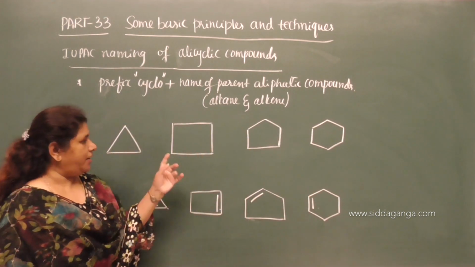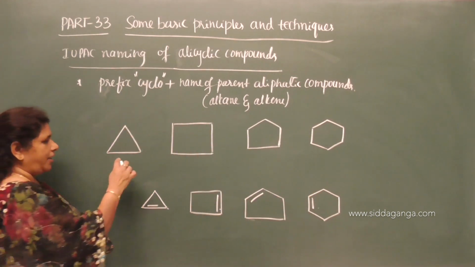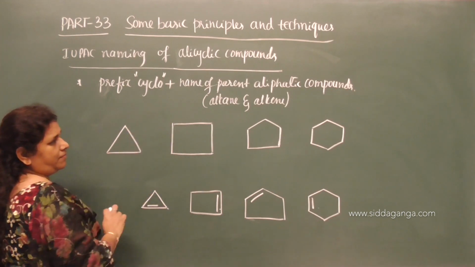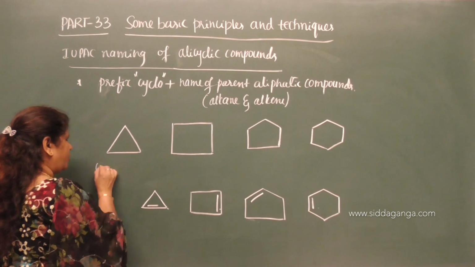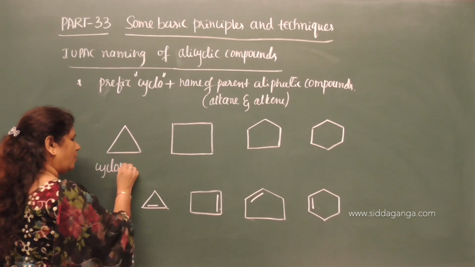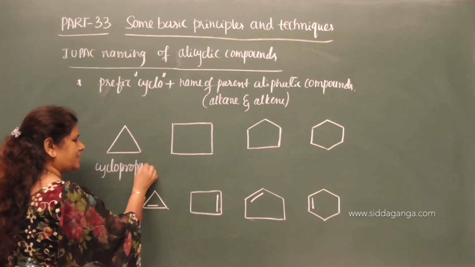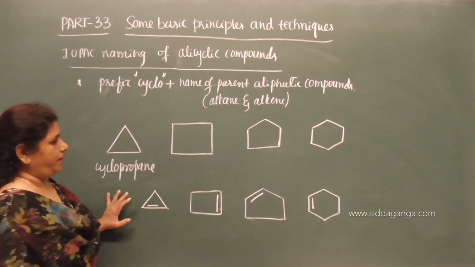How many carbon atoms are here? 3 carbon atoms. The parent alkane is propane and we need to use cyclo as a prefix, hence the name is cyclopropane.